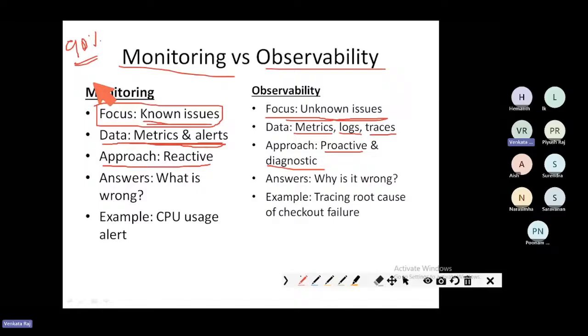But if my approach is proactive, guys, before I get the alert, if I monitor my infrastructure properly, so before the CPU utilization reaches 90%, let's say it is going 80%, 85%, at that point of time, if I go and try to investigate where is the problem, what issue is causing that problem, maybe I will be able to avoid the CPU utilization reaching 90%.